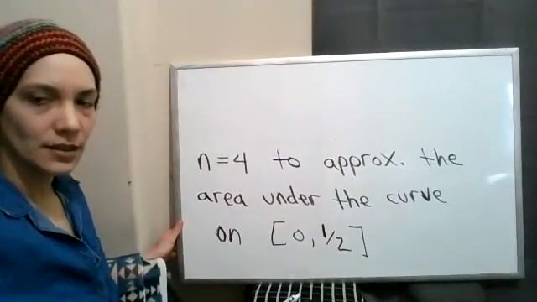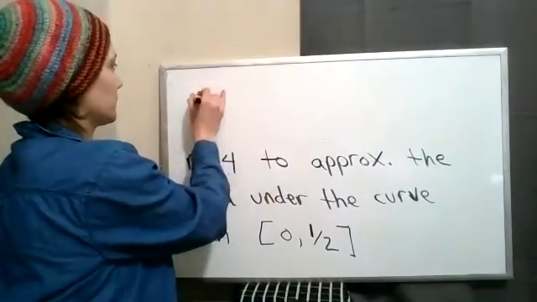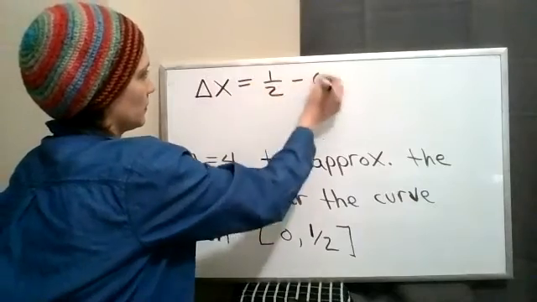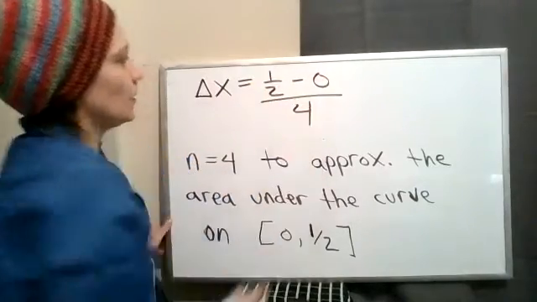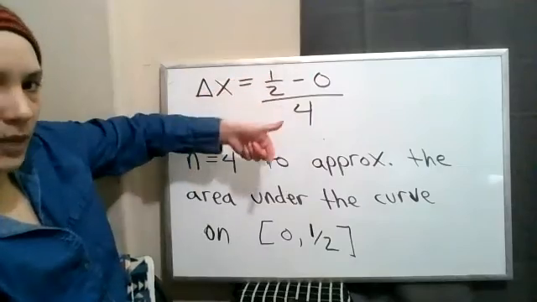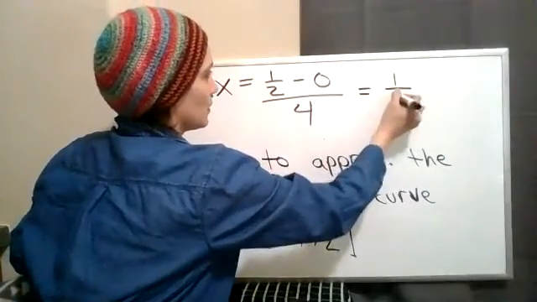So you could see this as 4 over 1, take 1/2 multiplied by 1/4 and get 1/8.